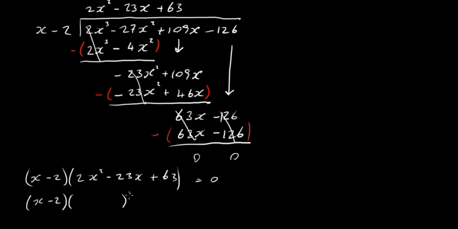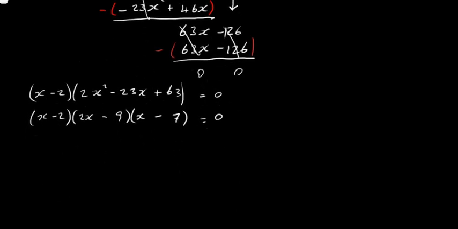What we've got to do, just break this down a little bit more. We've got to factorize this quadratic expression here. If we factorize this quadratic expression, we'll get a 2x here, an x here. We've got 7 times 9, which will give us 63. So we can put the 7 here and the 9 here will work. We want a plus, so it has to be plus plus or minus minus. Because this is a minus here, we're going to put in a minus and a minus here. So what we've got here is our 3 basic factors.